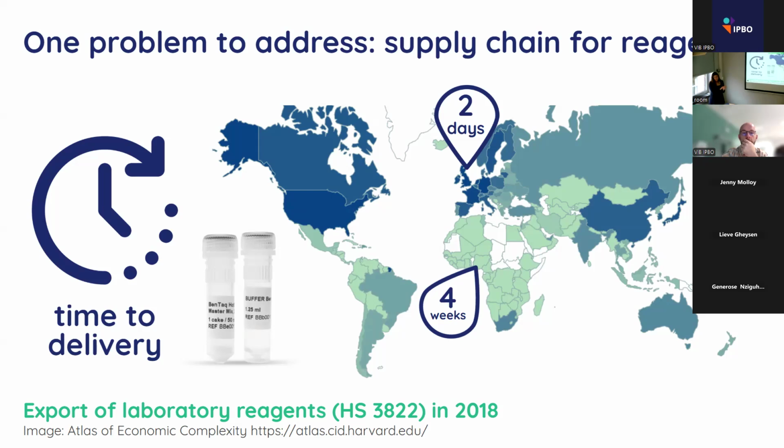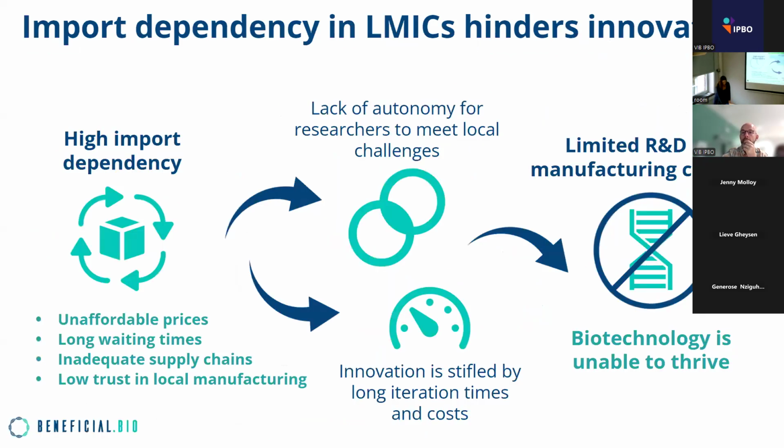Maybe your gRNAs aren't working, you need to reorder them. Every time you iterate, that adds a time penalty, which is really a geographical time penalty, right? So researchers who are working in areas with weaker supply chains are at a massive disadvantage in terms of the speed at which you can do research. Again, I'm sure many of you are very aware of these problems in your day-to-day work.